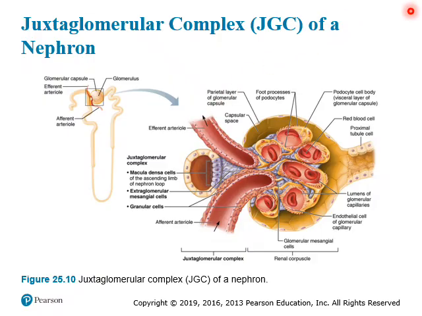The afferent arteriole enters the glomerulus. That is your afferent arteriole. The afferent arteriole arises from the cortical radiate arteries, and the cortical radiate arteries are a branch of the arcuate arteries.